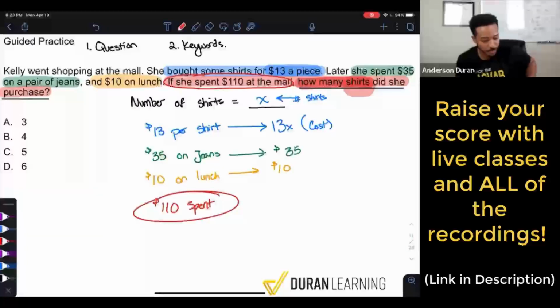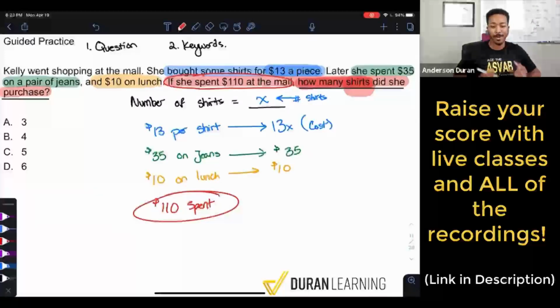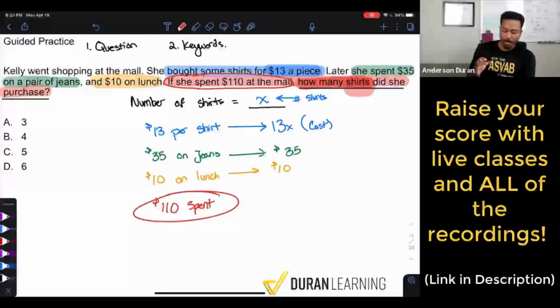$110 spent. And so let me ask everybody here real quick. Notice how we have different pieces of information, right? Okay, $13 a shirt. We got $35 for a pair of jeans, $10 on lunch. That 110 right there. Notice how it says if she spent $110 at the mall, notice that she went shopping at the mall.